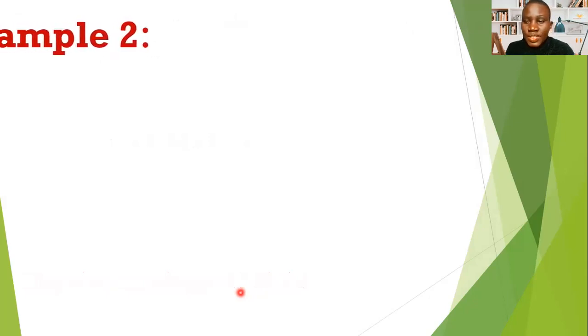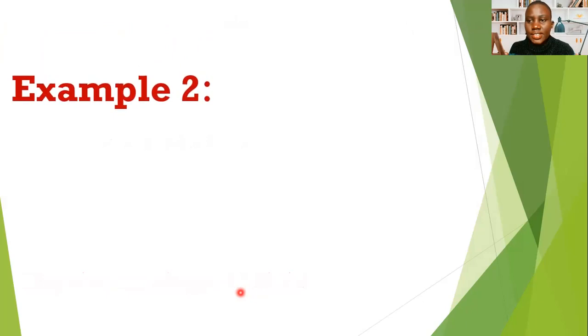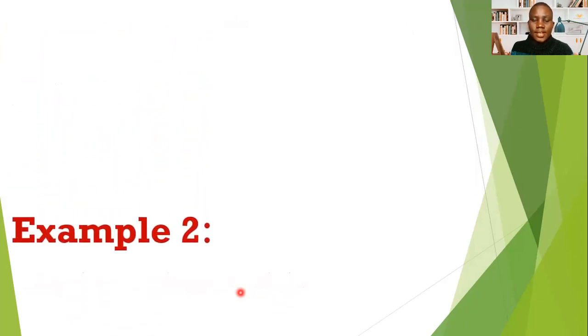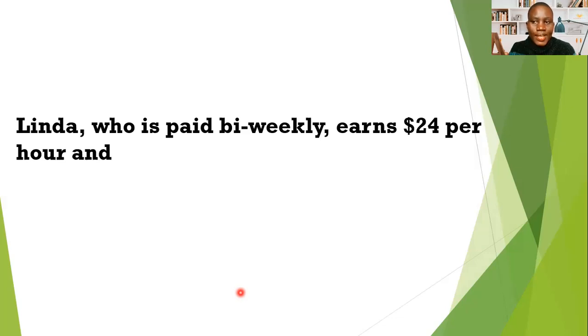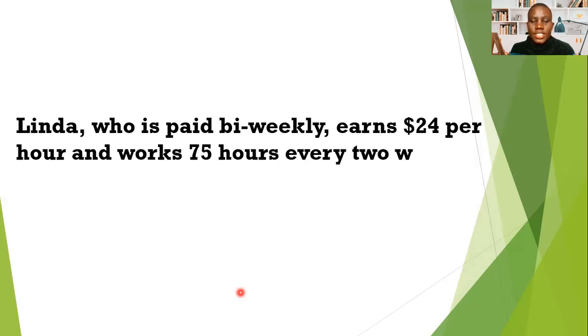Example number 2 is how it differs when you are paid bi-weekly. Linda, who is paid bi-weekly, earns $24 per hour and works 75 hours every 2 weeks.